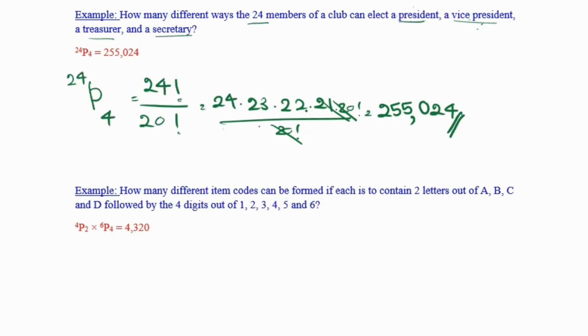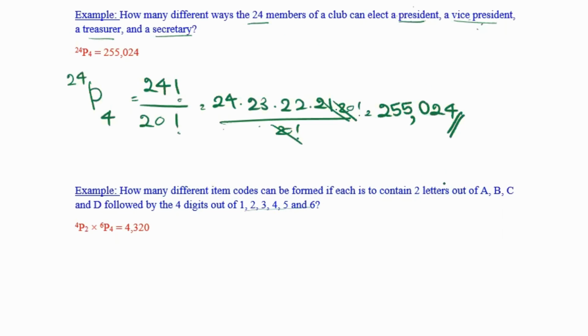24 into 23 into 22 into 21. Pretty simple. Once again, another example. How many different item codes can be formed if each is to contain 2 letters out of A, B, C, D, followed by 4 digits out of 1, 2, 3, 4, 5, and 6? We have the multiplication rule inside permutations.